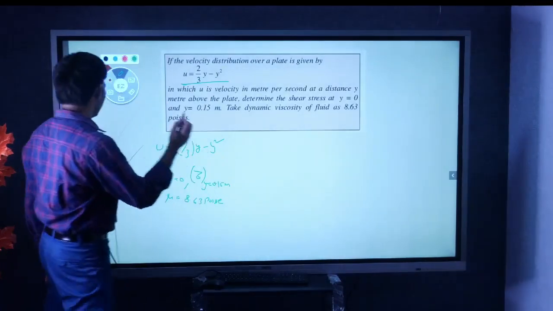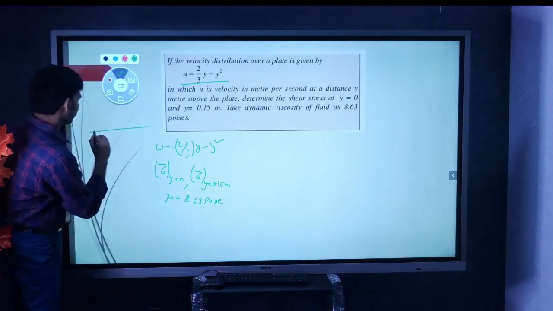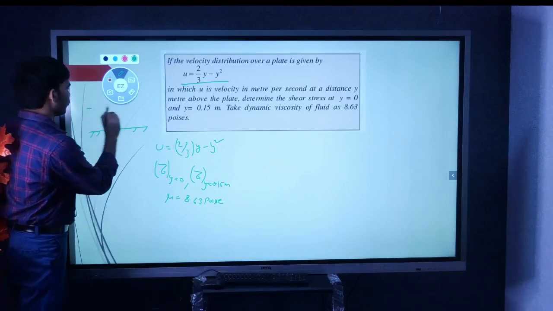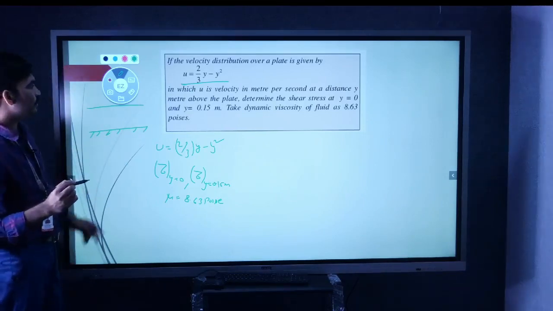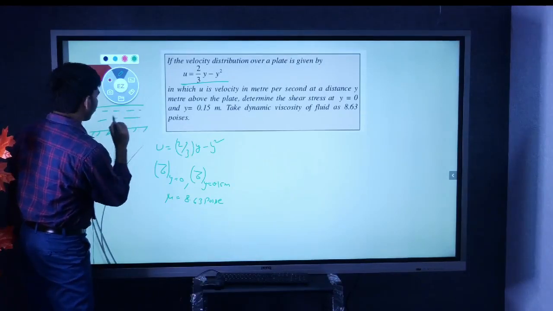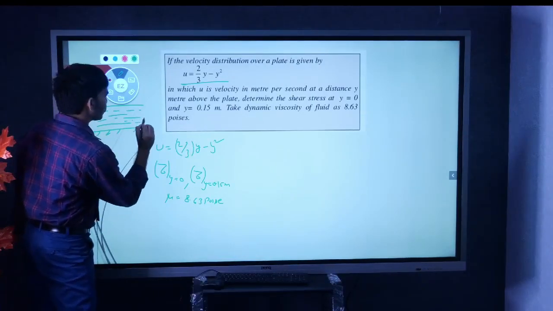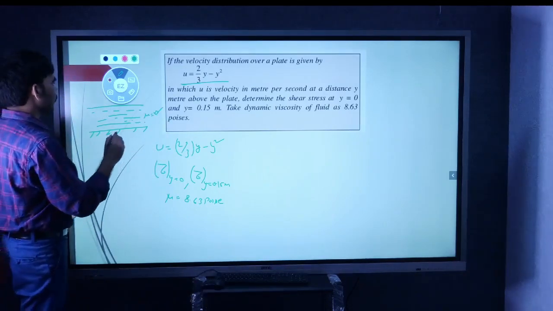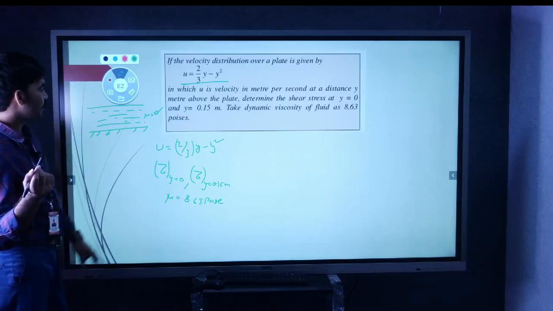Okay, now I will show you. There is a fixed plate and a mobile plate. He has given the dynamic viscosity of whatever fluid is flowing between the two plates, and the mu value is given, and he asked you to find out the shear stress.